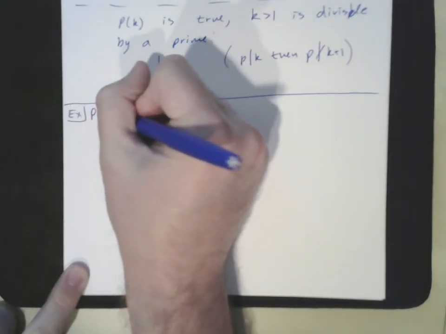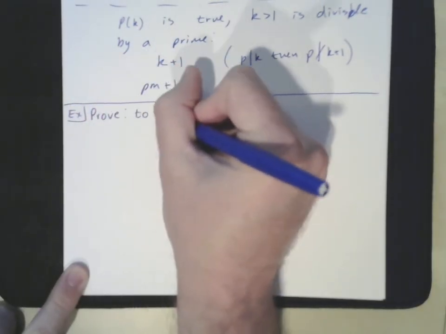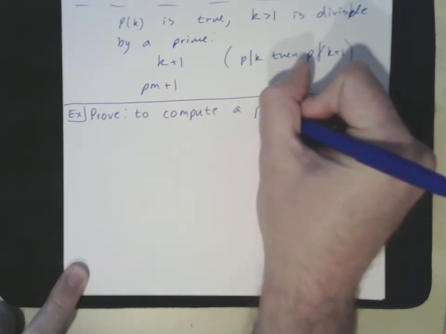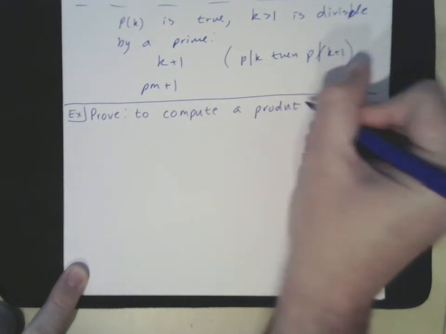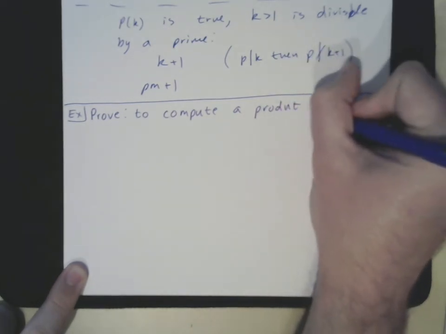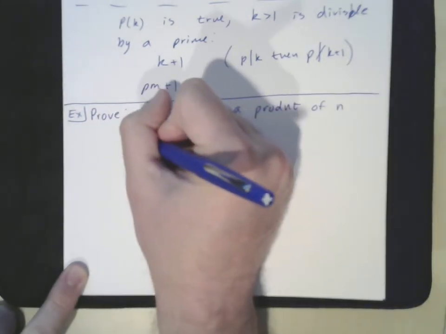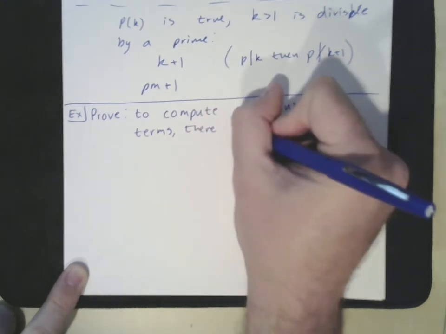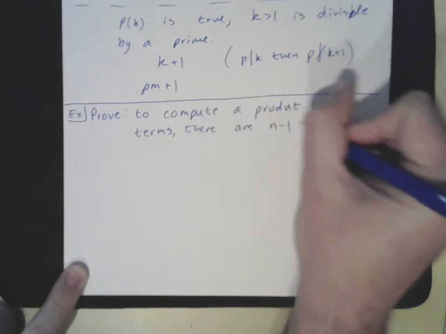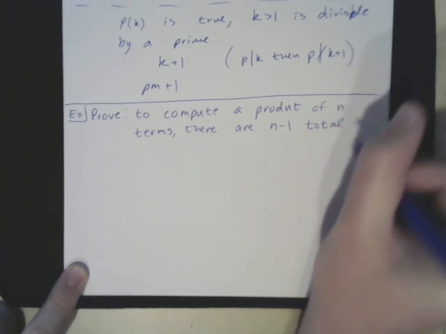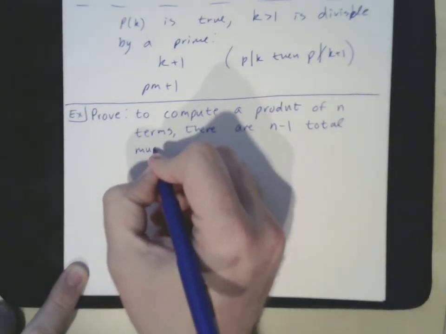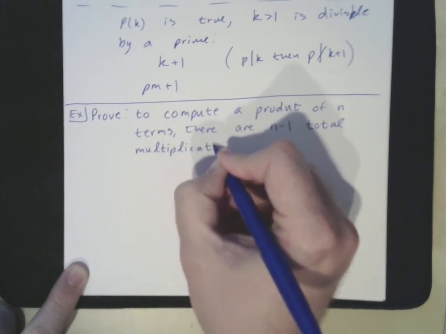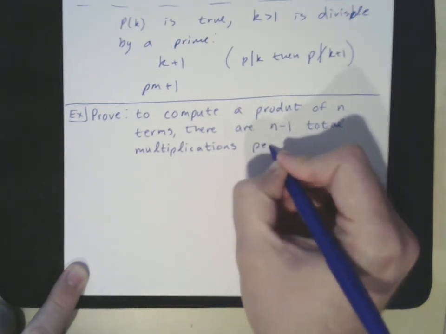So we are going to prove that to compute a product of n terms, there are n minus 1 total multiplications performed.